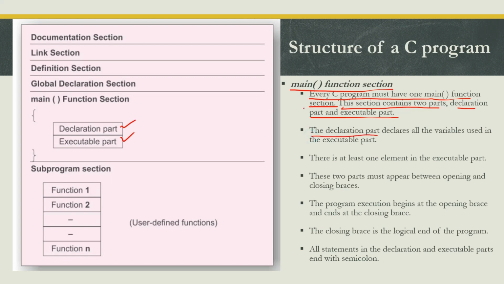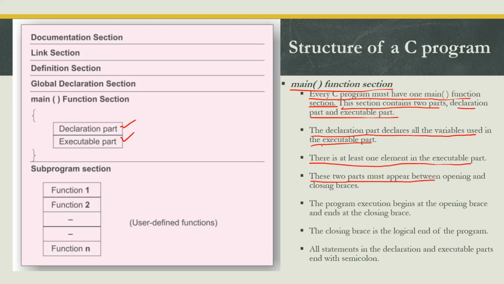The declaration part declares all the variables used in the executable part. If you want to use a particular variable in your executable part, then you must declare it in the declaration part. There is at least one statement in the executable part.